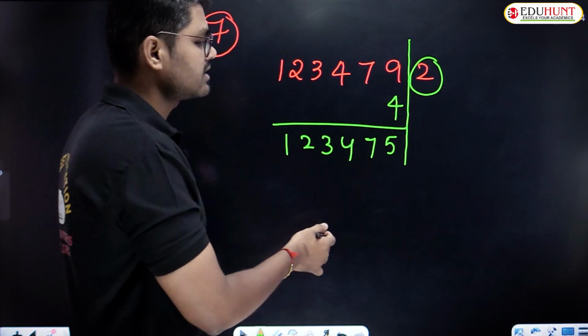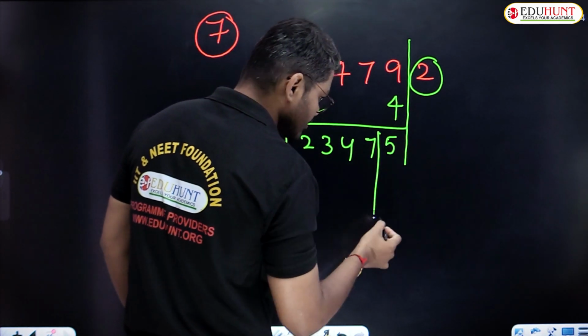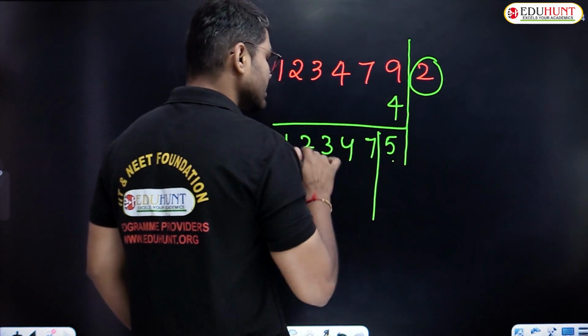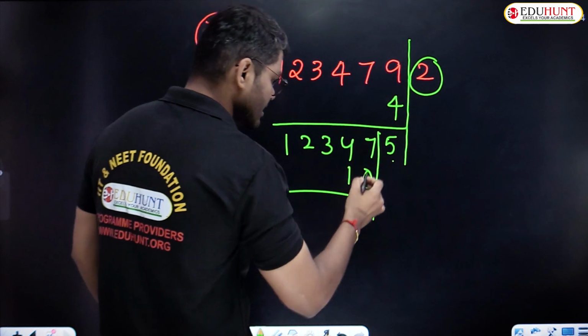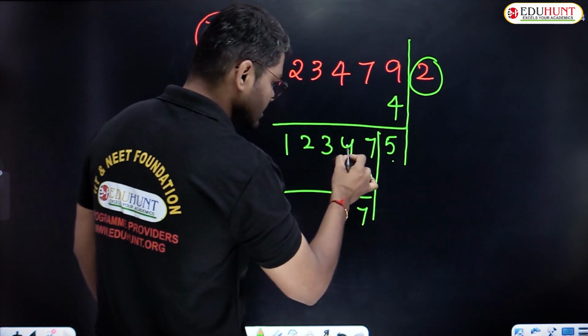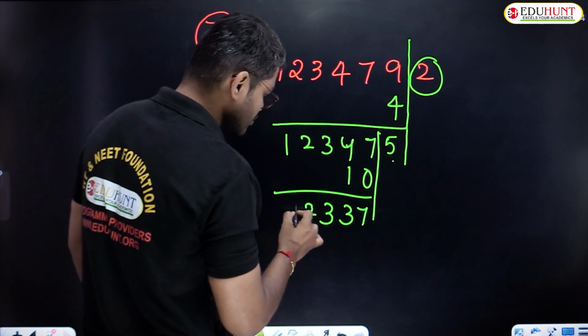Repeat the procedure. Take the unit digit again, 5, double that, that is 10, subtract that number from the remaining number. This is 7 minus 0 is 7, 4 minus 1 is 3, then 3, 2, 1.